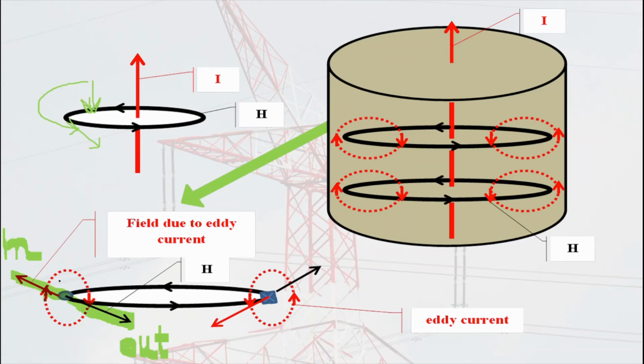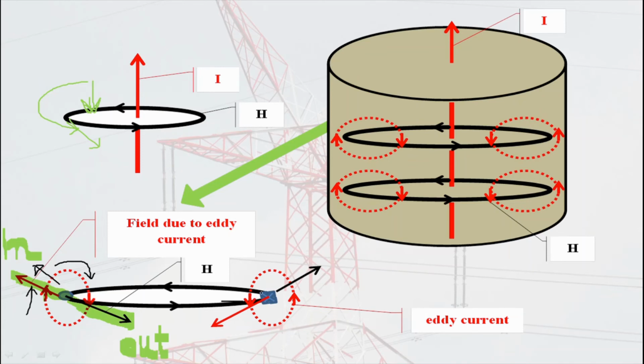When it is clockwise, the field will be away from the viewer, or you can imagine it going inside your computer screen. The direction of this magnetic field can be given by the right hand thumb rule. Similarly, here the direction of this eddy current loop must be anti-clockwise.